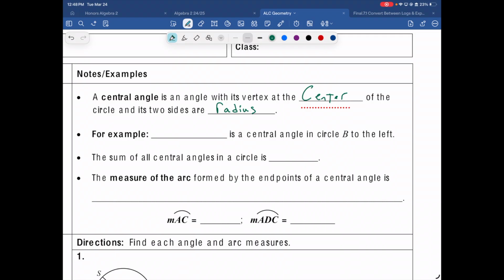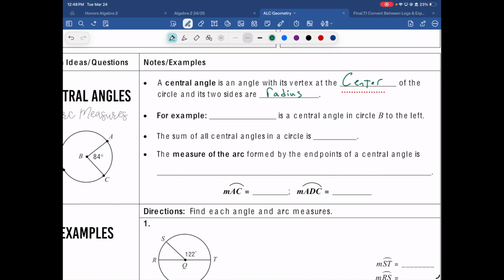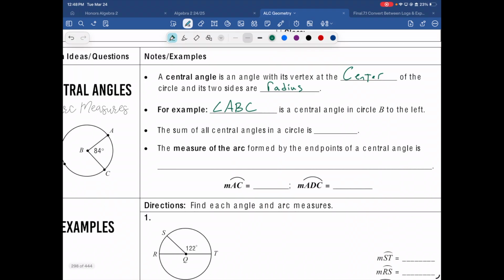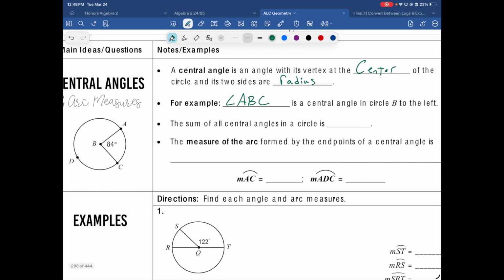So for example, angle ABC in that drawing to the left, which is this drawing right here, is a central angle. I've got my two radii, BA and BC.